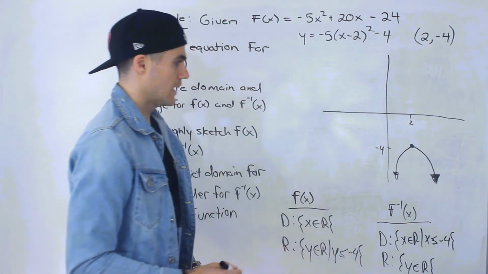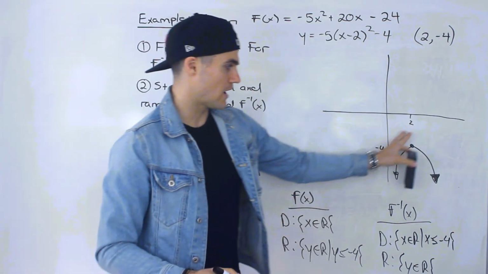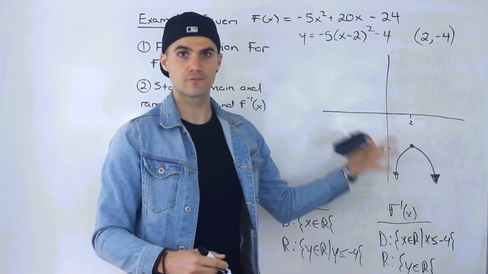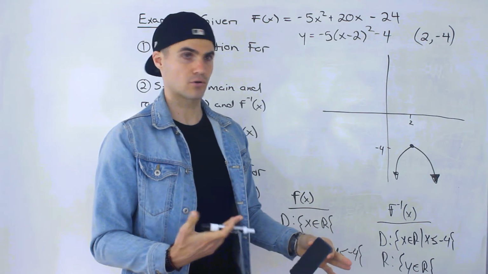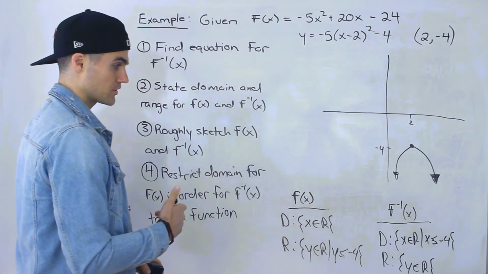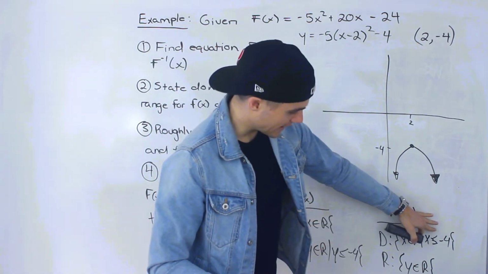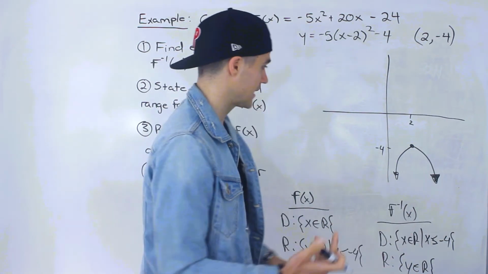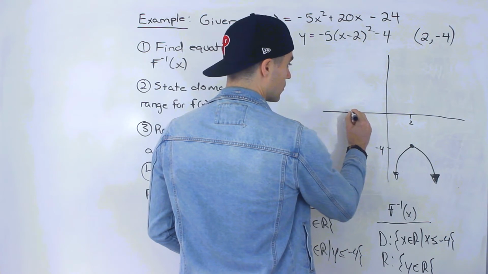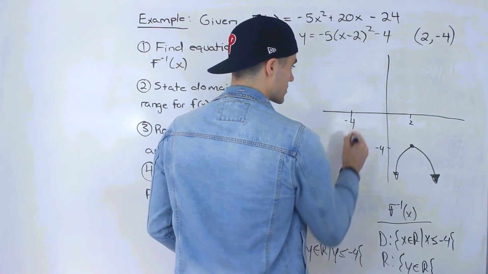And we know that if you have a parabola, the inverse of that is always going to be a sideways parabola, as we showed in the previous video. And if we have a sideways parabola and all the x values have to be less than or equal to -4, then we know it's going to be here somewhere.